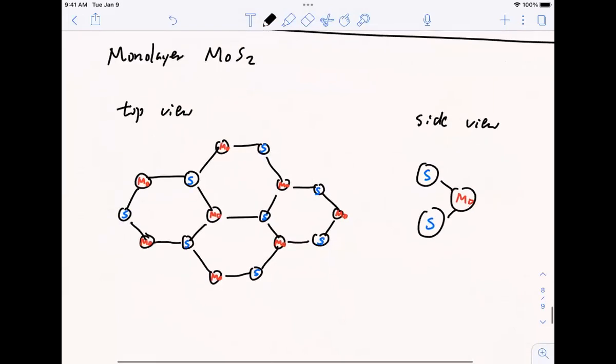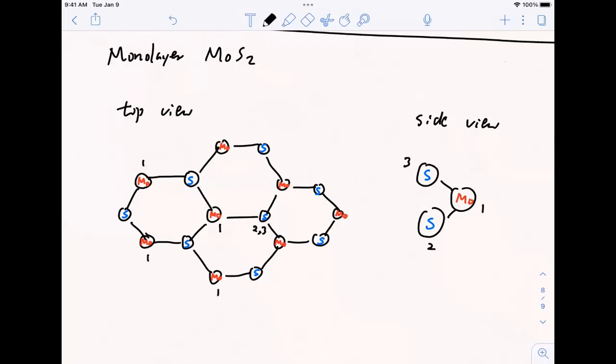Then let's label it. You have a 1 here, and then this will be 2 and 3. So 1, 2, 3. The 2 atoms are on top and bottom. But since it is a lattice, all of these are all 1.